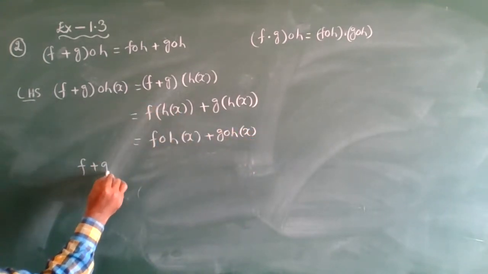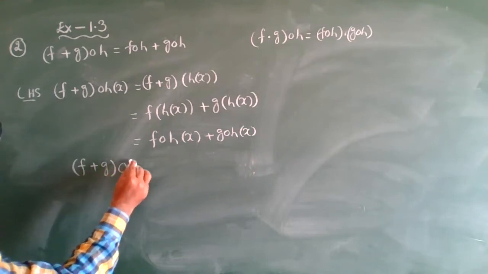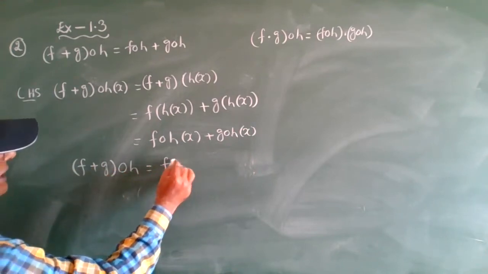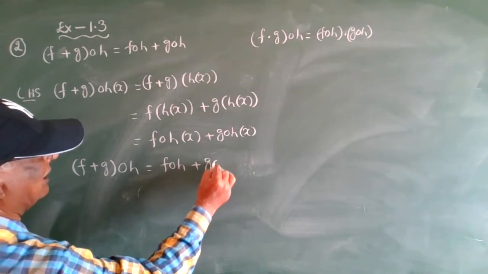(F plus G) circle H is equal to F circle H plus G circle H.